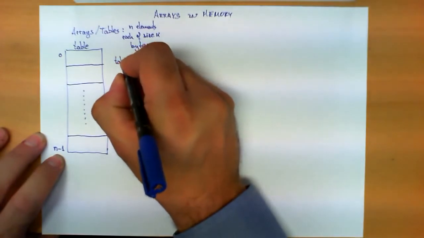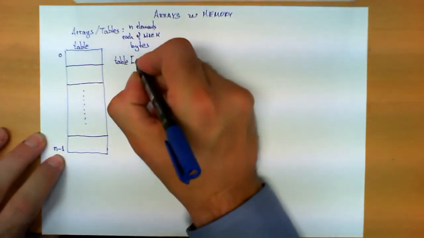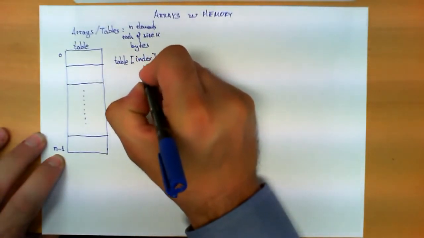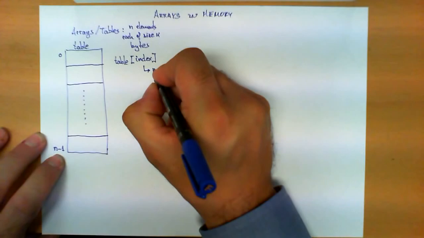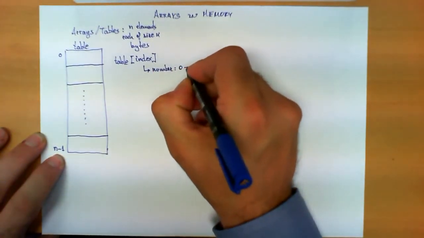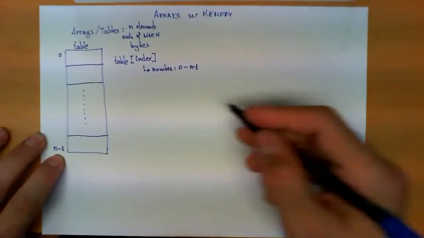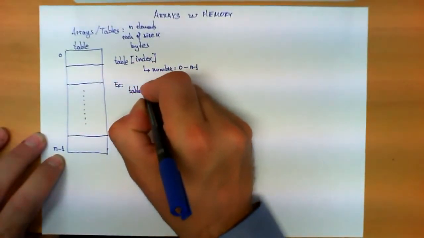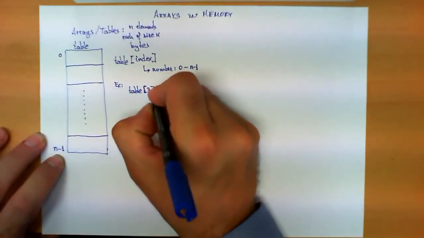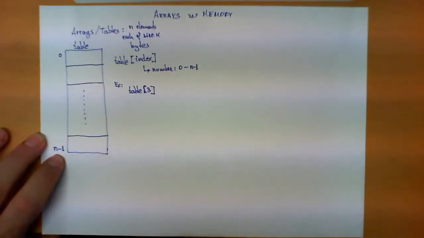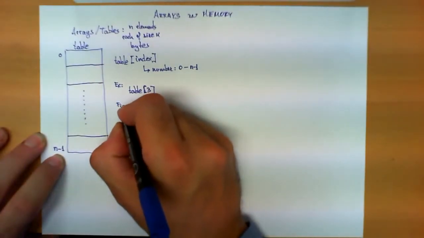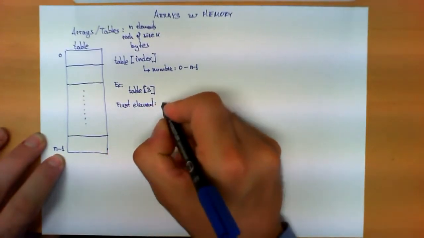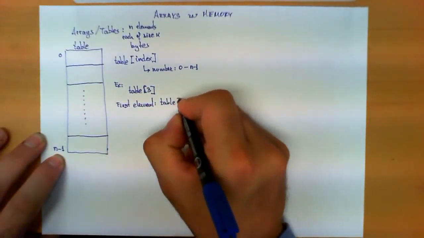We put the name of the table, and then in between brackets we'll put what we call the index, which is a number between 0 and n-1. For example, table of 3 refers to the fourth element, because the first element typically in most programming languages is table of 0.